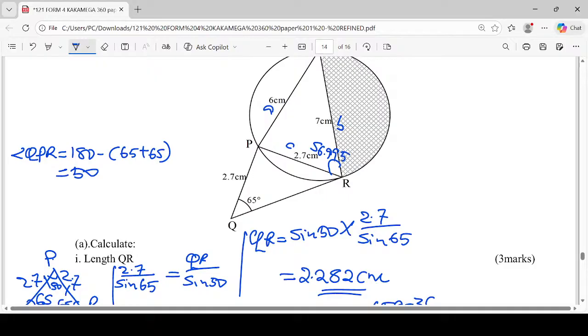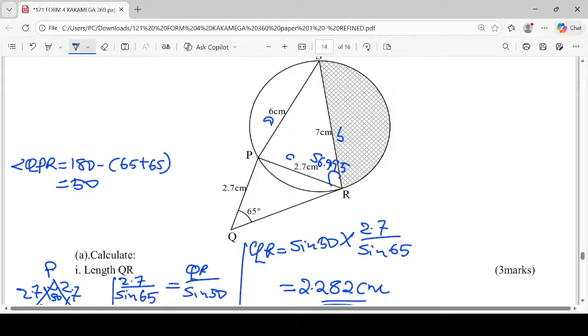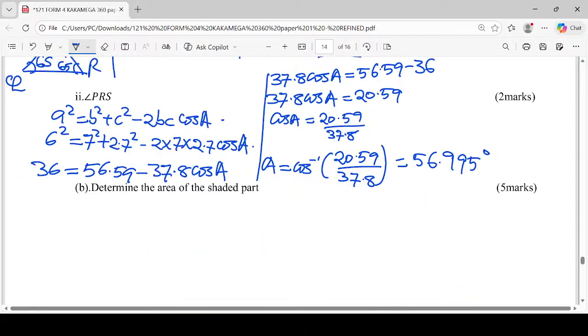After getting that angle, I want you to bear this in mind, that 6 over sine 56.995 should be equal to 7 over sine P.